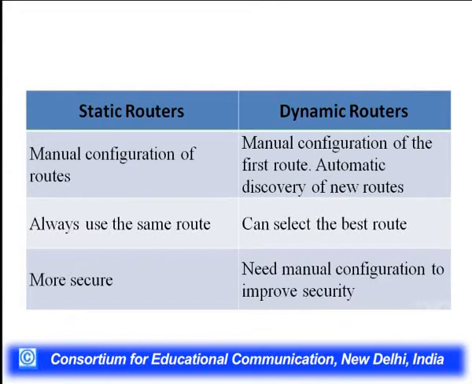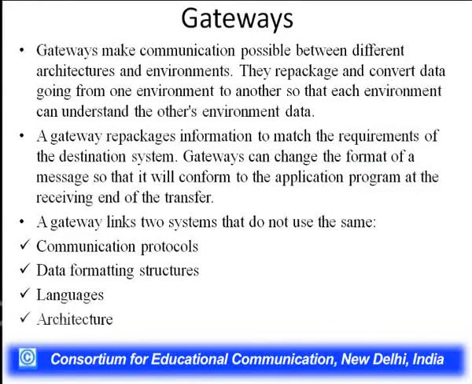Dynamic routers select the best route. Static routers are more secure, but dynamic routers need manual configuration to improve their security. Therefore, static routers may sometimes be preferred, but given the situation, the decision is taken whether static routers or dynamic routers should be preferred.